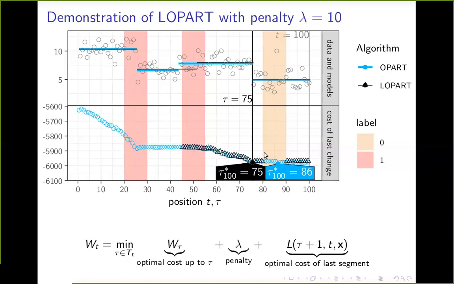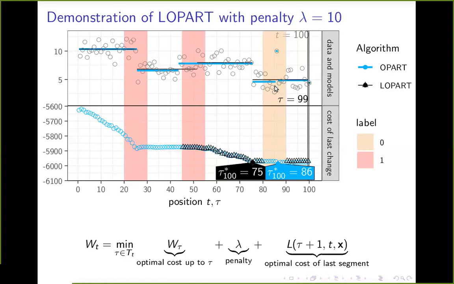So the result is with Lowpart, you get a model that looks like this, where there is a change in these two red regions, and you also get a change in this black region here, in this unlabeled region here, but you get no change in this zero labeled region. Whereas with Opart, you get something like this. The optimal model doesn't have a change in this red region here, and it does have these changes in the negative zero labeled region here.